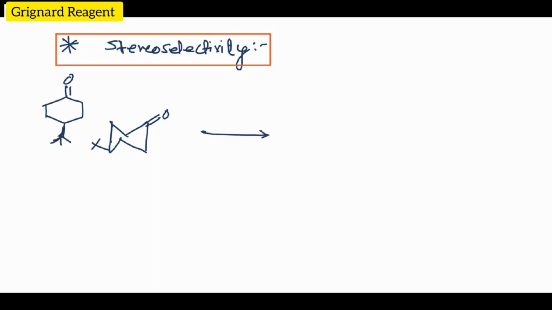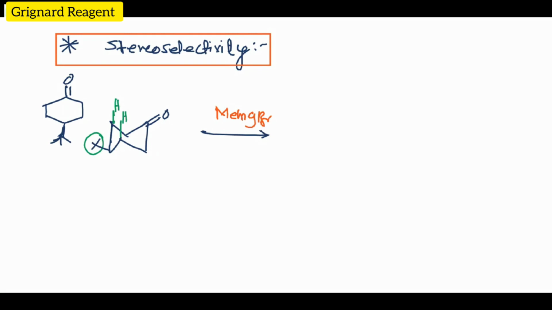So here, if I'm going to add the reagent, that is methyl magnesium bromide, it is a nucleophile, and any nucleophile finds the suitable route. Suitable route means that route should be sterically free. Here, if we look at the steric crowding, this group is above the plane. Here hydrogen is also above the plane, and here hydrogen is also above the plane.